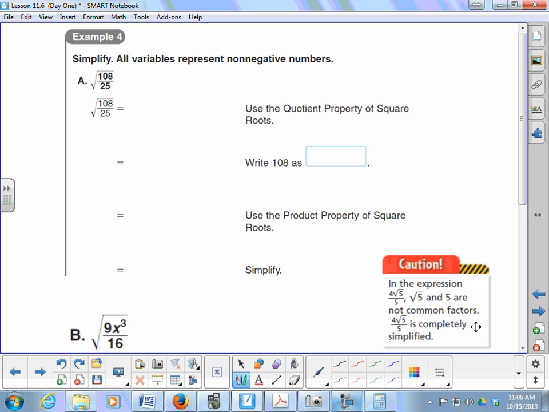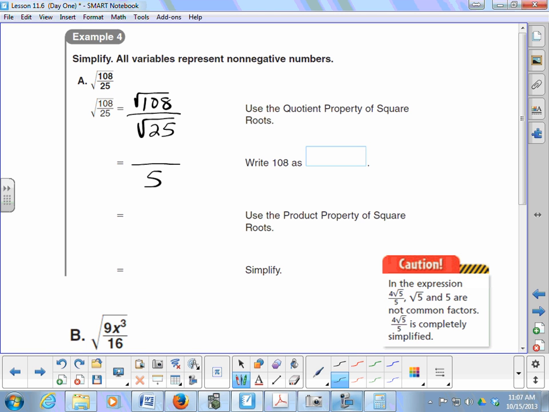So I'm going to use the quotient property then and write it as the square root of 108 over the square root of 25. Well, we know what the square root of 25 is, right? Yeah, that's 5. So I can make my new denominator 5.